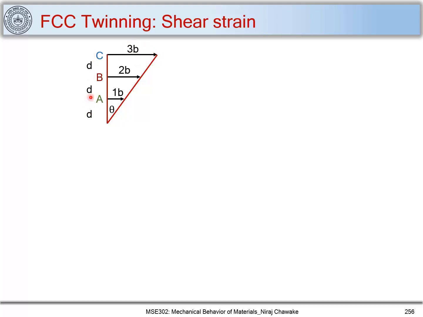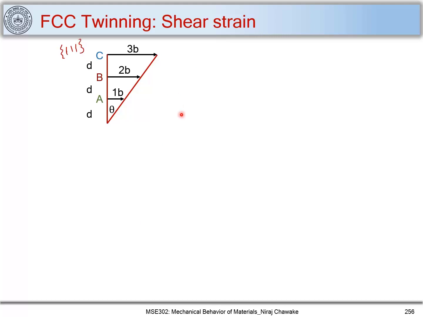And what will be the interplanar distance between these 3 layers? That is d111, and it can be given as a upon the square root of h square plus k square plus l square, which will be a upon root 3, because all these ABC planes are 111 type planes. Let me write that down also here. So all these planes are 111 type planes.